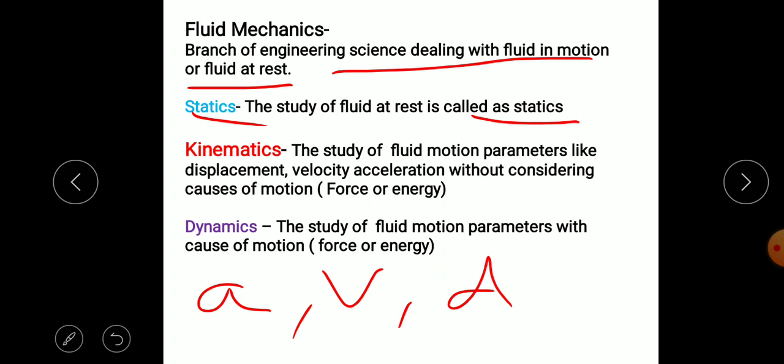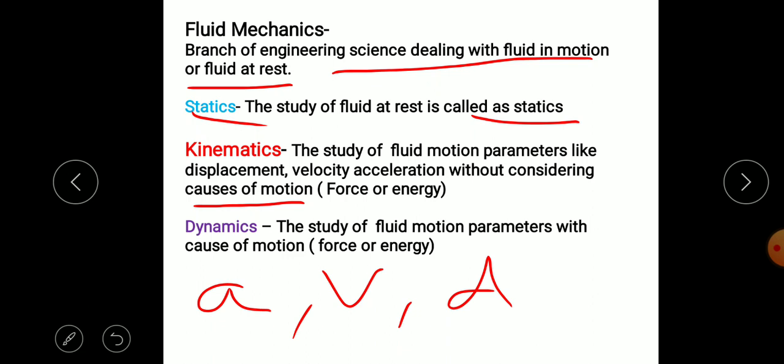In kinematics, we are not considering the cause of the motion. Cause of motion means, we know that to move an object we require a force. So in kinematics, we are neglecting the force causing the motion. Only the parameters acceleration, velocity, and displacement are considered. In certain examples, we are only concerned with the velocities of the fluid.